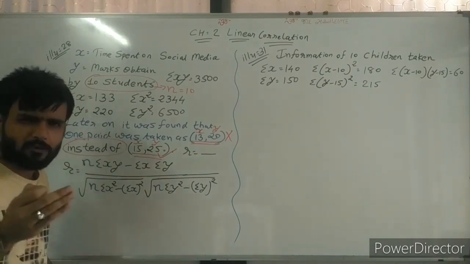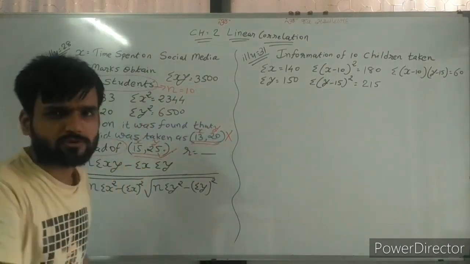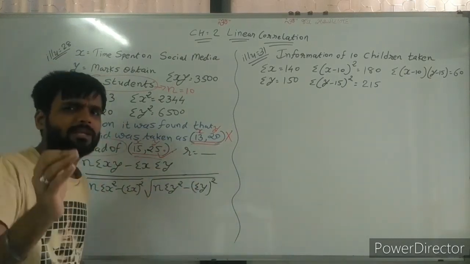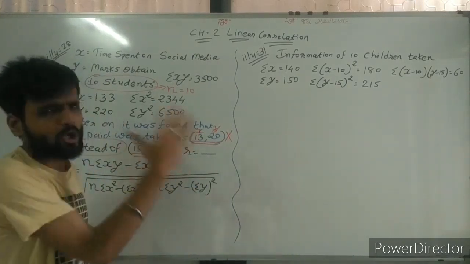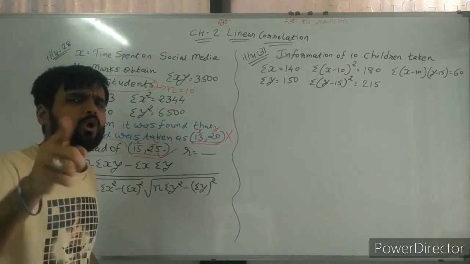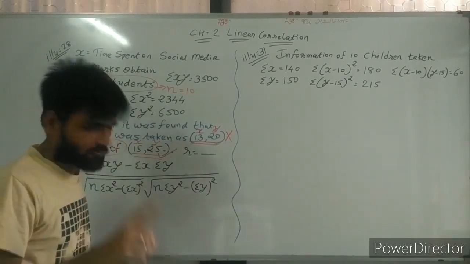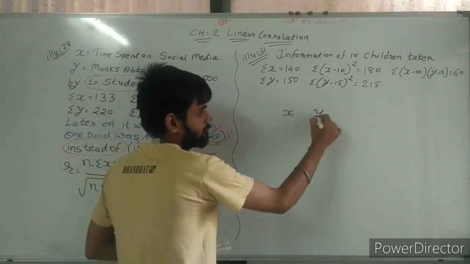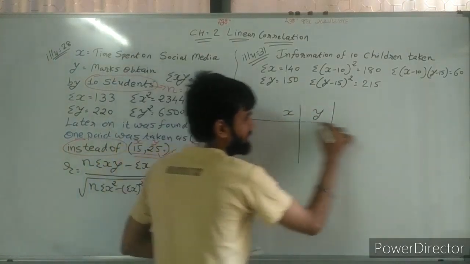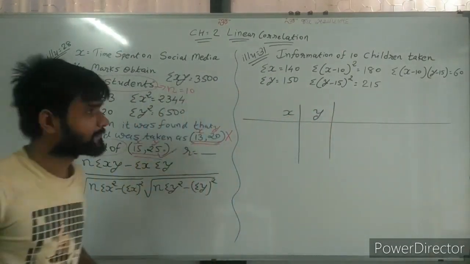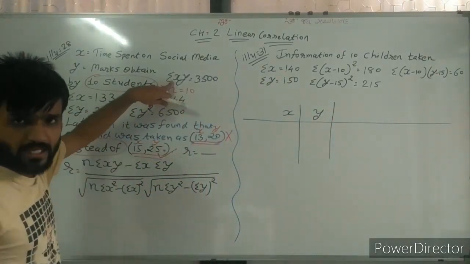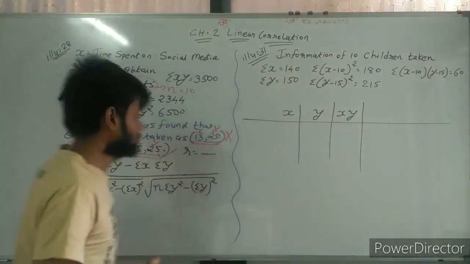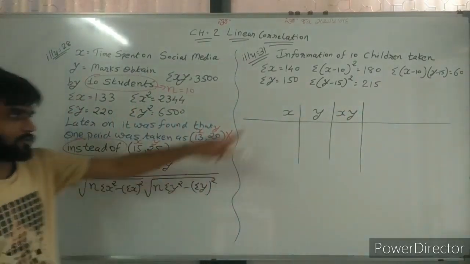So I am giving you one trick. Try to understand how we are doing the sums. We are making columns, so here also make the columns. Which columns do we need? First of all, x and y are fixed. These two columns are always fixed. Now sigma xy is there, so the third column is xy.